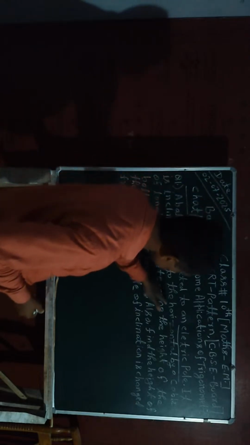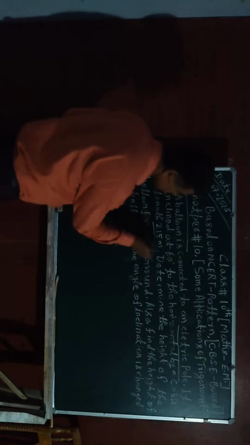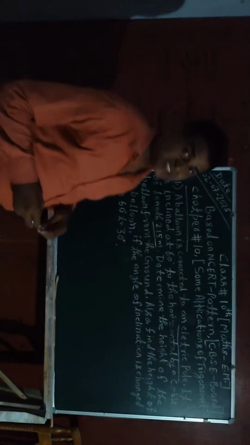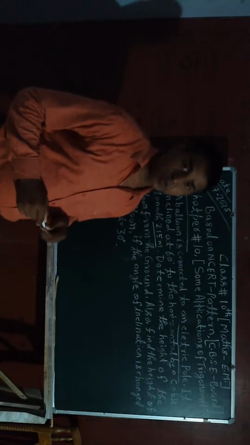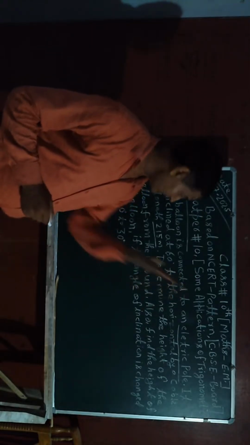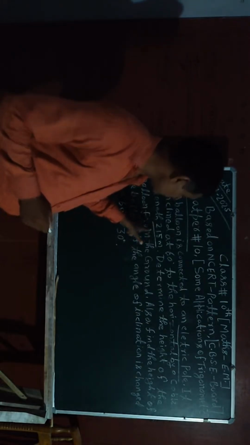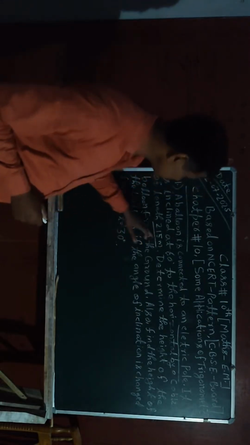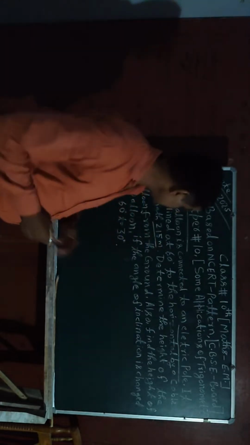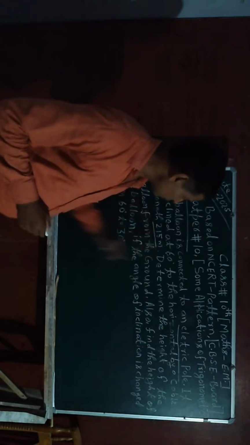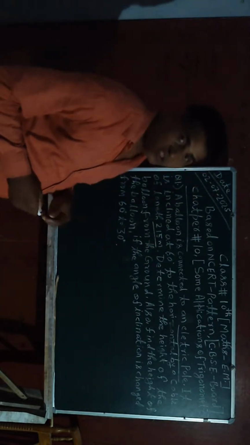It is inclined at 60 degrees to the horizontal by a cable of length 215 meters. Means the balloon is connected with the electric pole by a cable of length 215 meters, and the angle of inclination is 60 degrees. Now I will draw this information in the diagram.